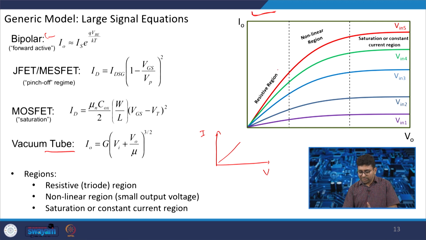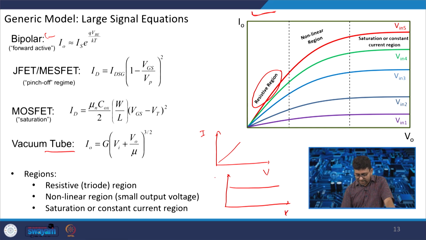In this region, because the current is a linear function of the voltage, it is mostly resistive. Now, the moment it transits from the nonlinear region to saturation, how do you model this constant current? It is a straight line.